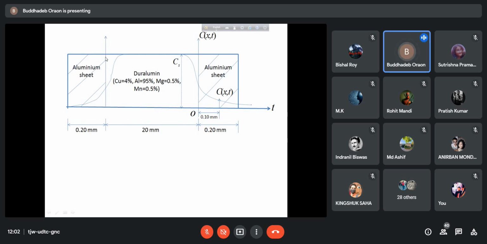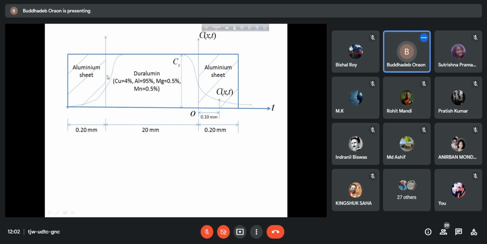Now, in the problem it is said that the duralumin sheet is covered with this aluminium sheet, and the idea is to improve the corrosion resistance. Otherwise, some diffusion will take place, and if the percentage of copper concentration reduces to a certain extent, then the material will degrade.